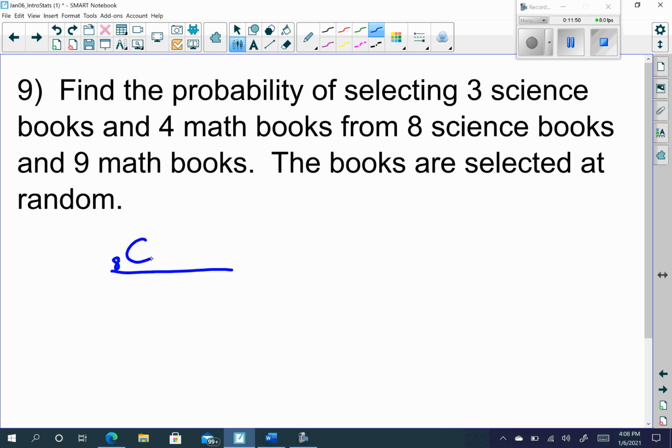So it would be the combination of 8, choose 3. And then the 4 math books from 9. So 9, choose 4. Combining those, that's 17 books altogether, choose 7. And then this should give us 882 over 2,431.